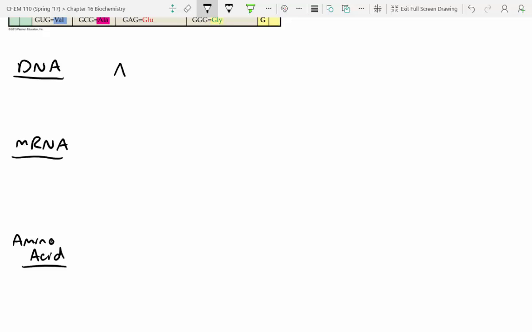So I'm going to do AGA, and then next to that I'll have an ATA. All right, so let's try to find our mRNA first. So for AGA, what should it be? UCU, exactly. So A normally goes to T in DNA, but it has to go to U for RNA. G is always paired to a C, and A again is going to be a U.